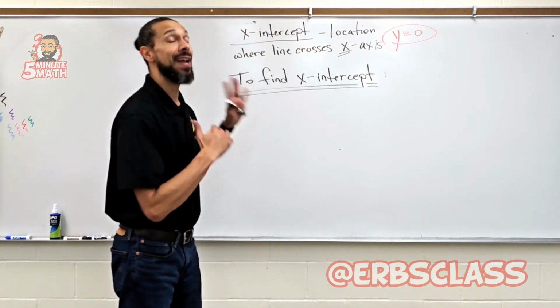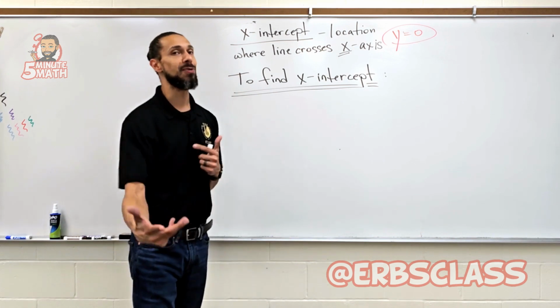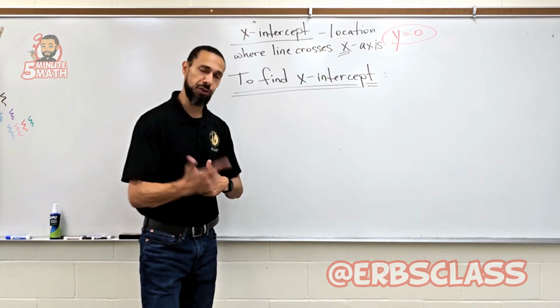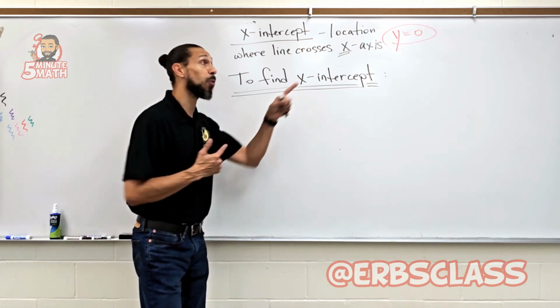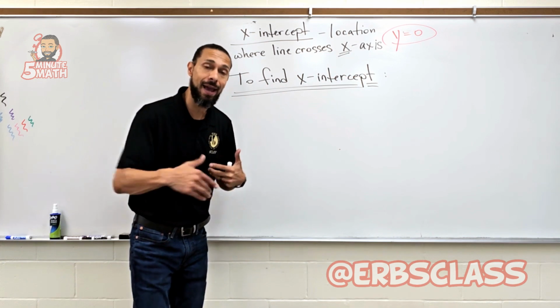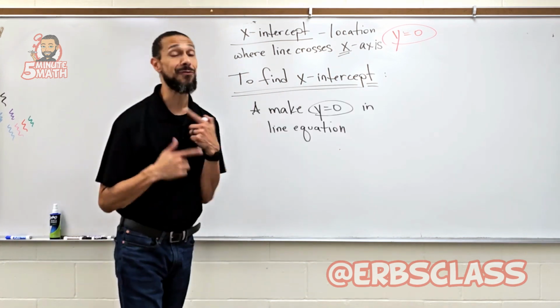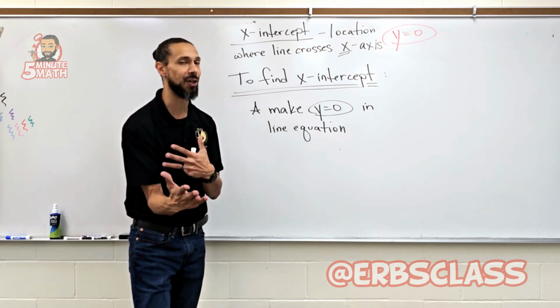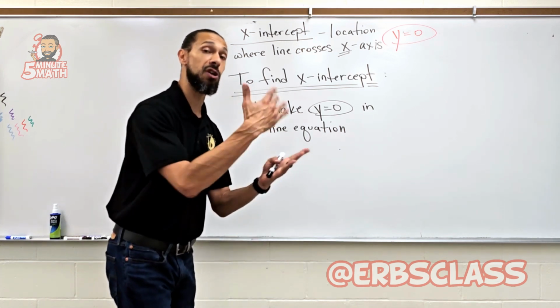Now that we know what intercepts are, let's talk about how to find them. We'll start with the x-intercept. To find it, we use the fact that the y value is equal to 0 at that intercept. In almost every line equation, there's going to be an x and a y.